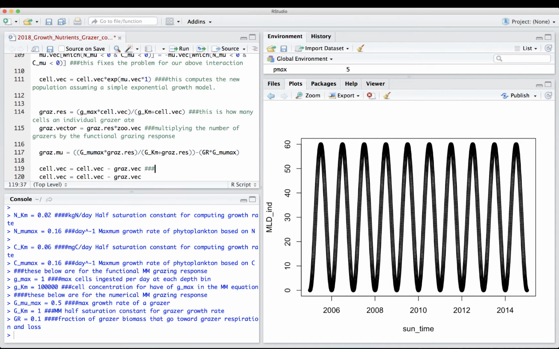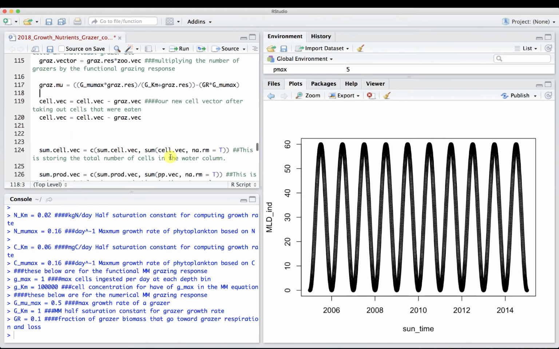So this is now our new cell vector after taking out cells that were eaten.